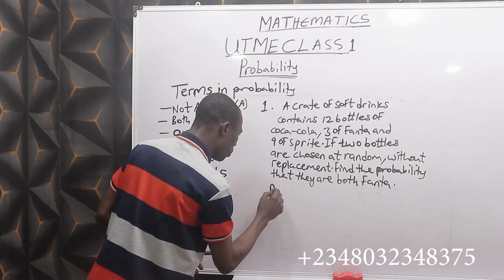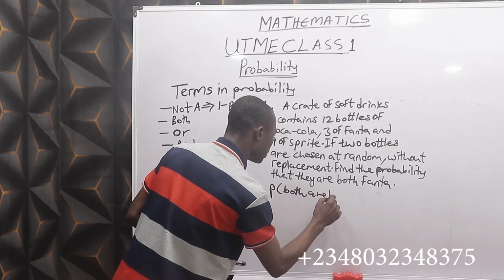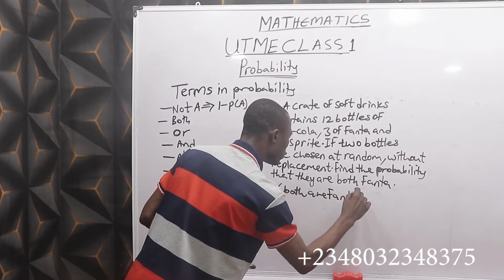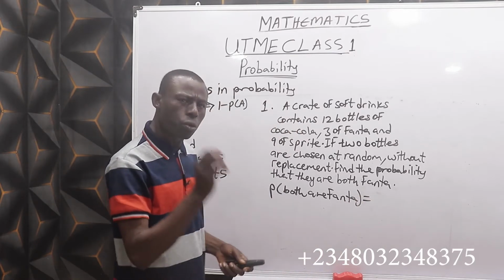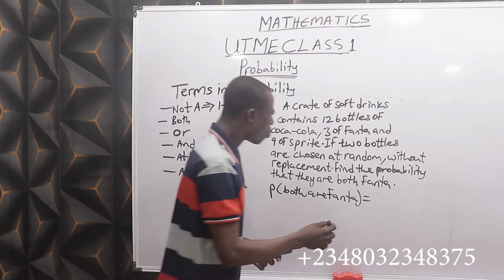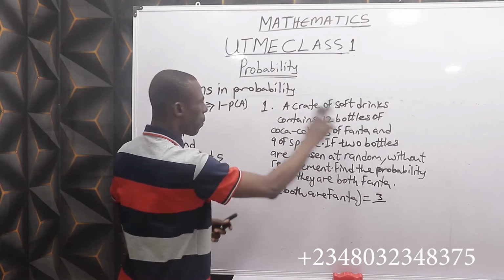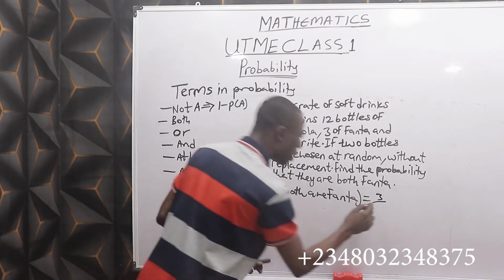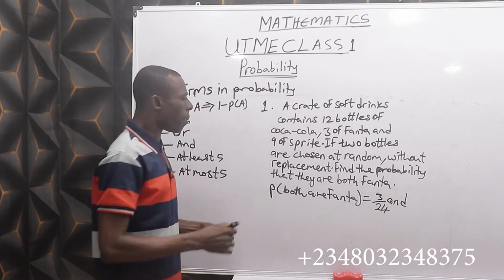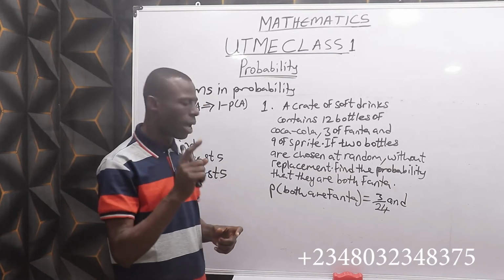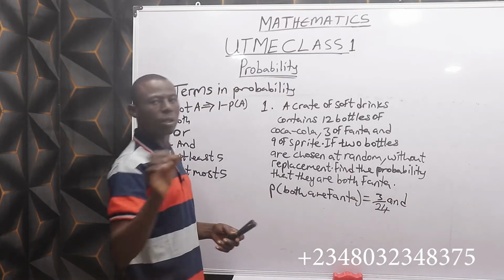So we say the probability that both are Fanta will be the probability of choosing the first one, which will be the number of Fanta, which is 3, over the total possible outcomes, which is 24. And the probability of choosing the second one will be 2 all over 23.